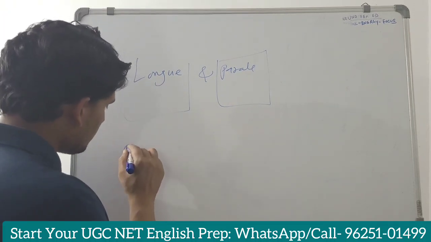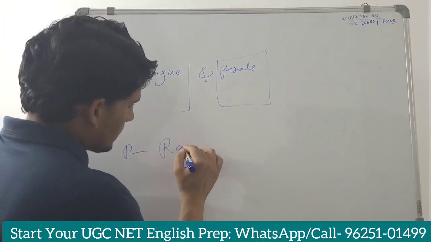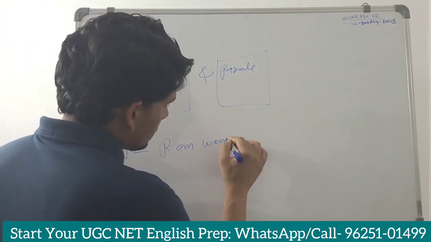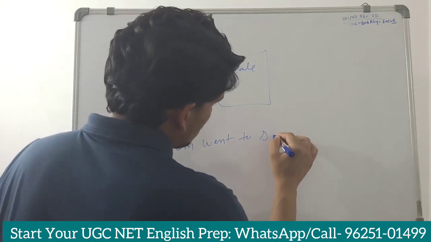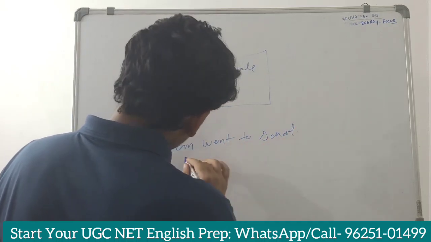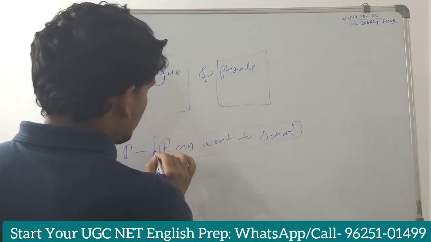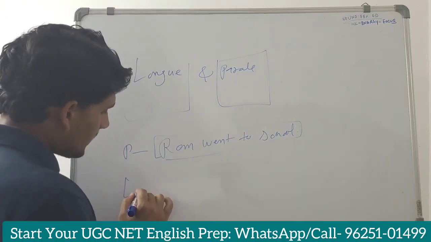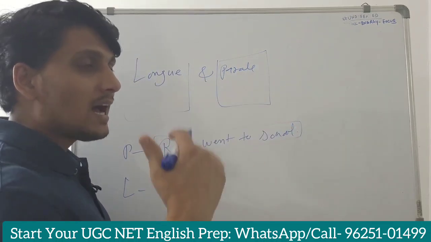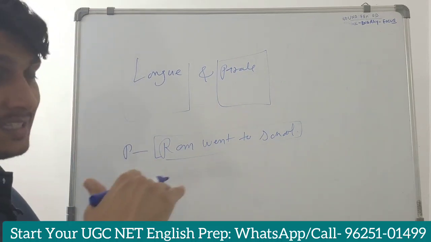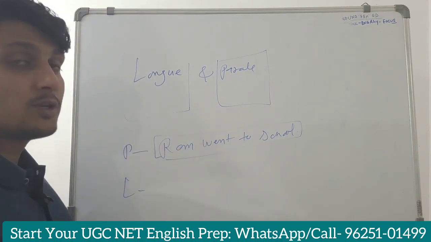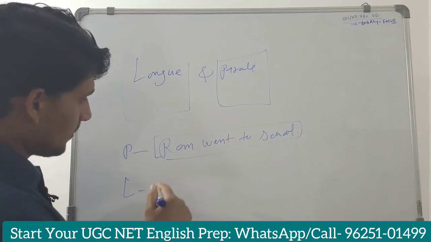For example, your parole is Ram went to school. That is your parole, that you can see, that you can hear. And your Langue is the structure which lies underneath this parole, that you cannot see. It is hidden. What is it?